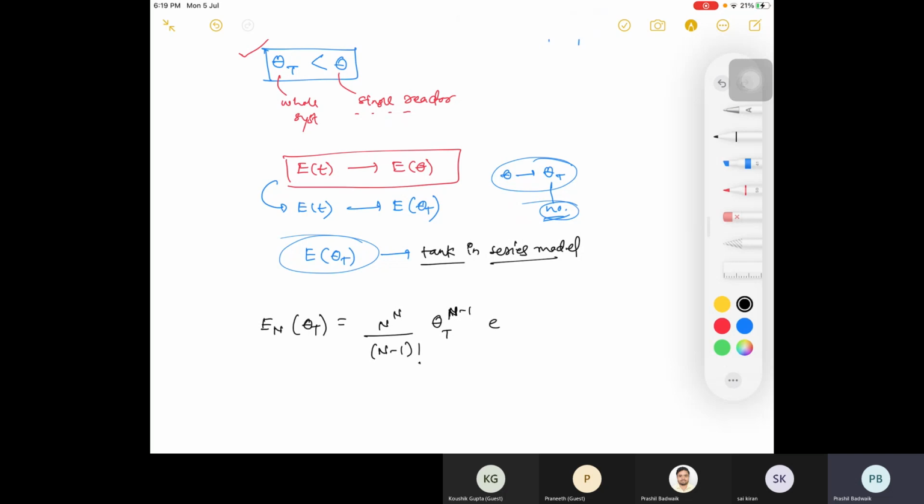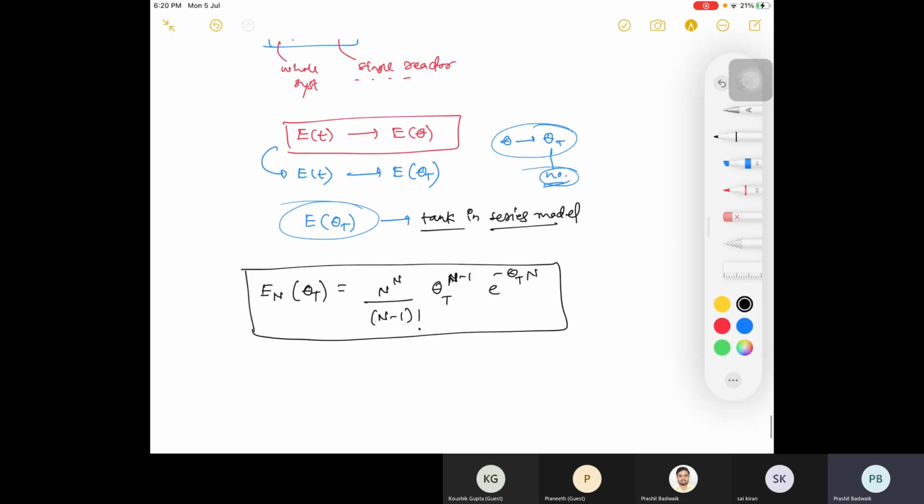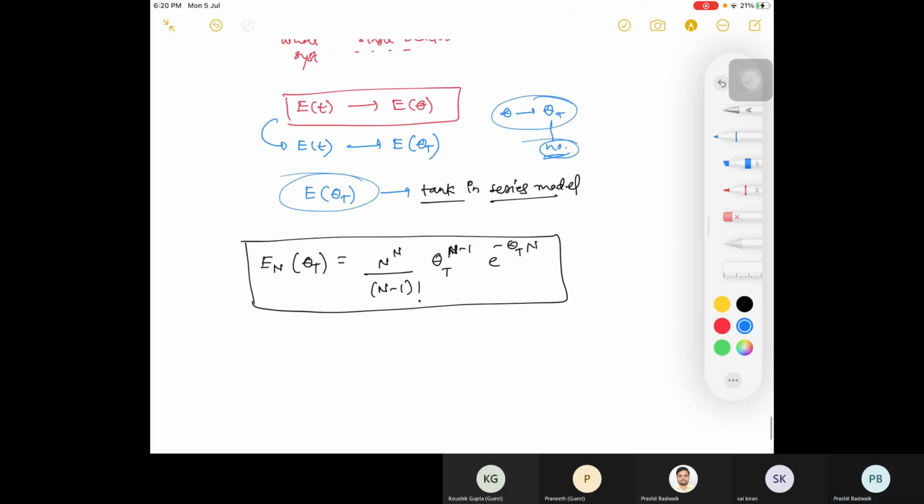I'll share a PDF where the actual derivation is given, and you can refer to that. But here I'm just telling you the physical significance and the steps. So this is your final equation. Now, whenever I'm writing E(t), what is the relation between E and t? What is this E(t) telling you?